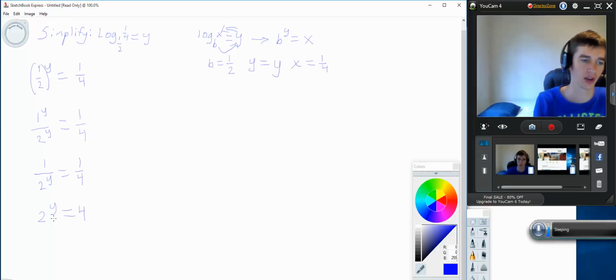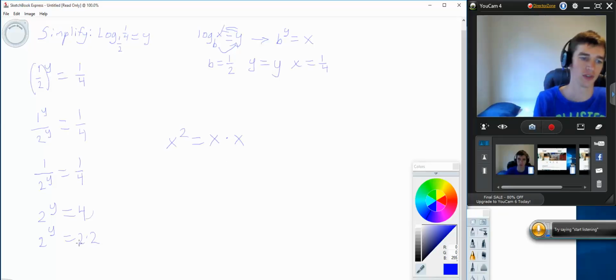Then you're like, oh, I still don't know what that is. So what you want to do is factor, break 4 down into common multiples. So 2 to the y is equal to, well, 2 times 2 is 4. What's another way of writing 2 times 2? Remember that something squared is that times itself.